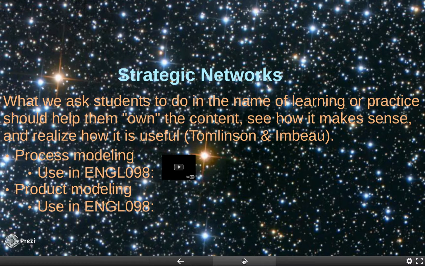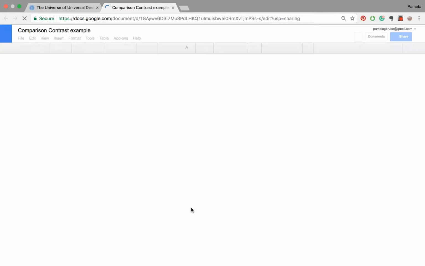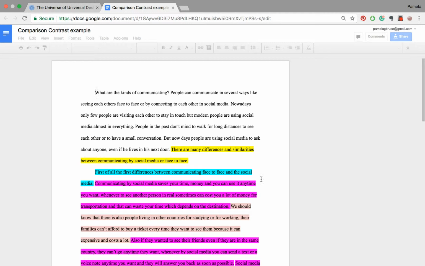We'll take a closer look at product modeling in 098. Here is another example of a student sample for comparing and contrasting. And this is comparing and contrasting based on a prompt. So their prompt would be, for this particular sample, what are the similarities and differences between communicating by social media or communicating face-to-face?